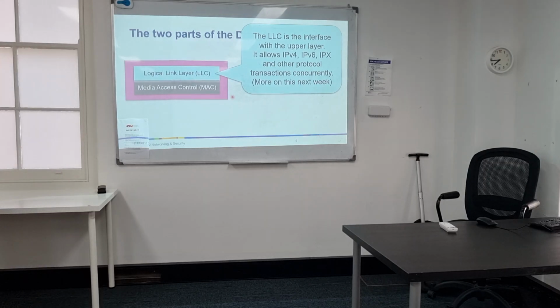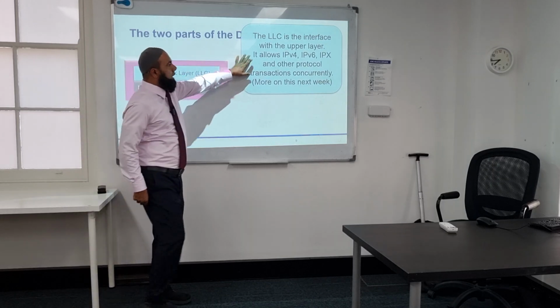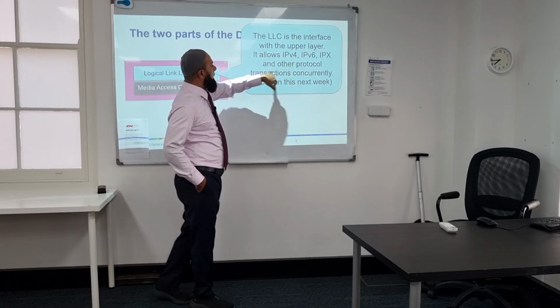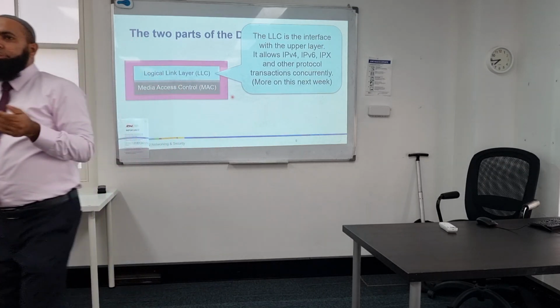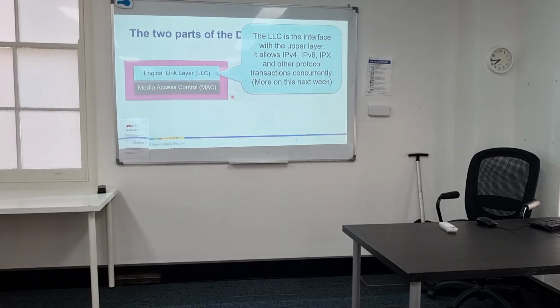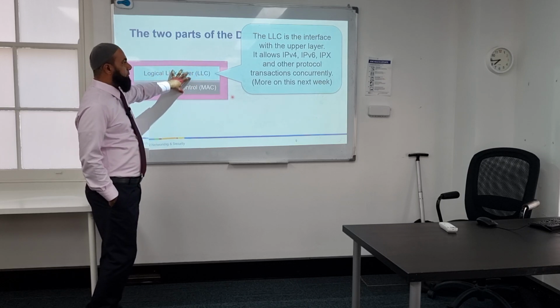It allows us to use IPv4, IPv6, IPX, and other protocols at this level. At this level, what type of bit scheme are we using? 32-bit, 64-bit, 128-bit, depending on the protocol. This is where it is decided.